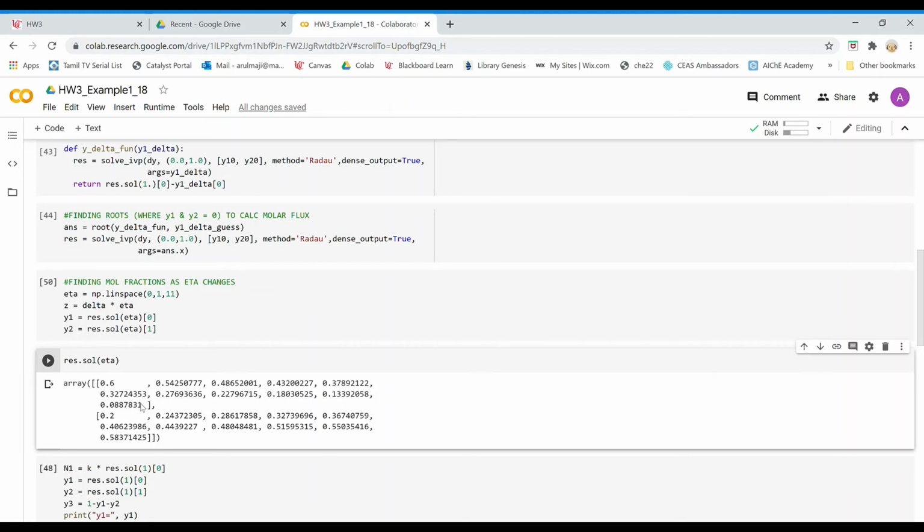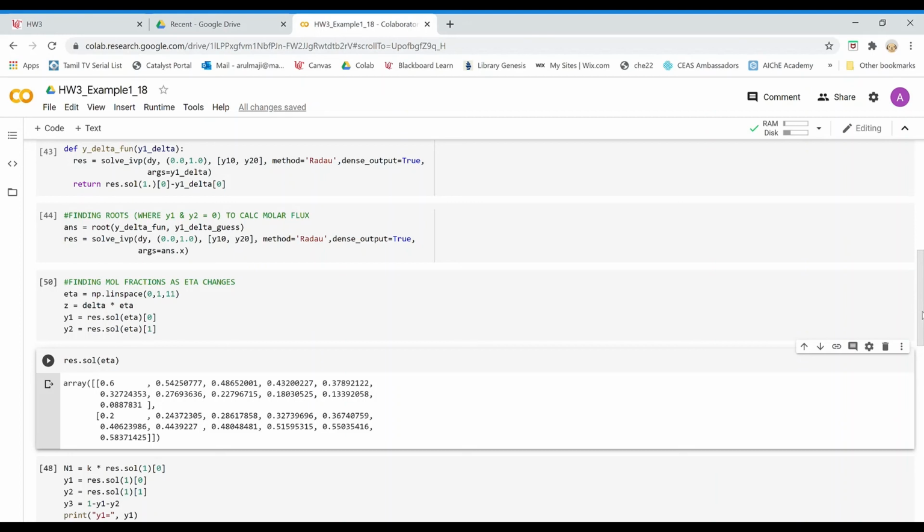So where we are at the interface, where z equals delta. I just wanted to show that this is an array. And so y1 at the initial point is our given value, and then y2 at the other point would be our second value.